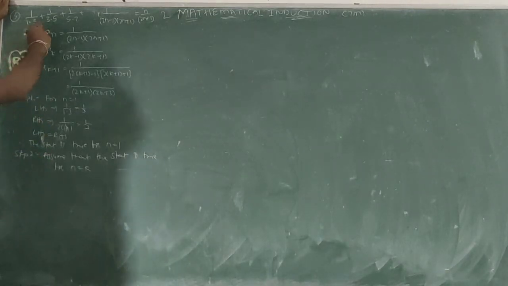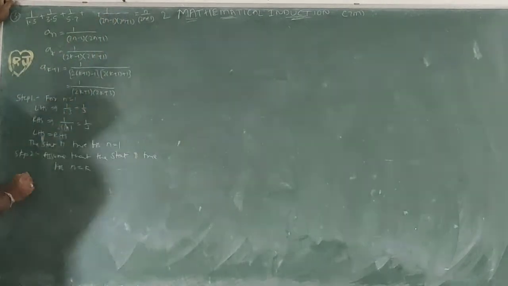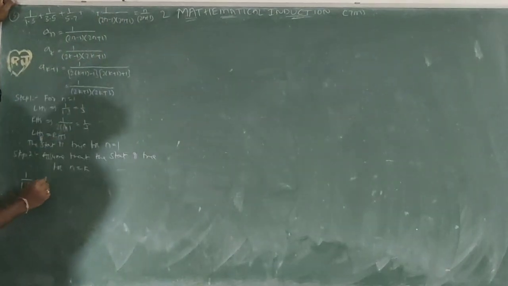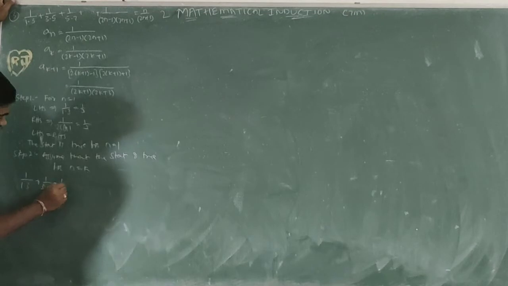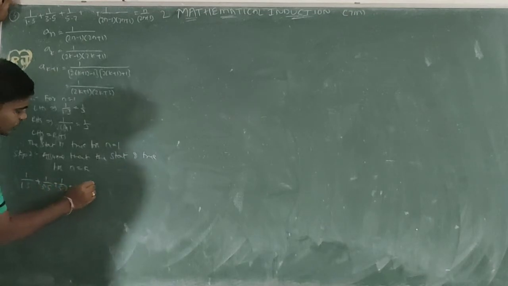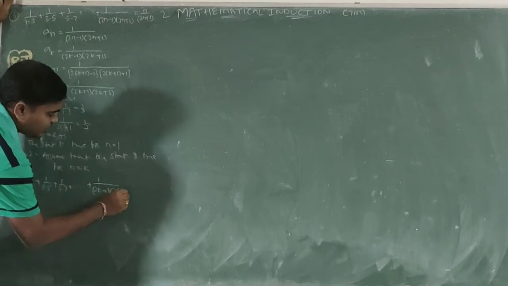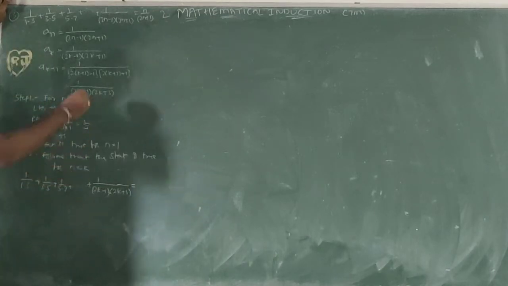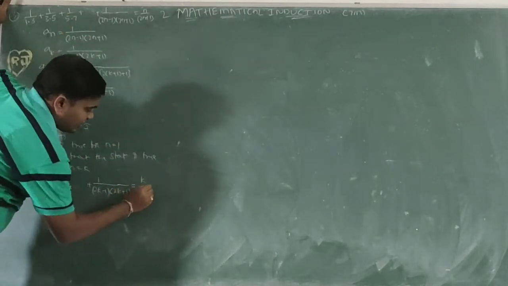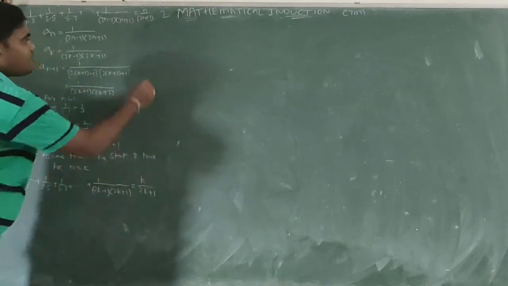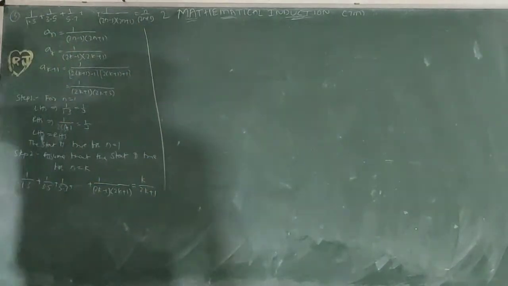So writing k instead of n: 1 by 1 into 3 plus 1 by 3 into 5 plus 1 by 5 into 7 plus up to 1 by (2k minus 1)(2k plus 1) equal to k by (2k plus 1).